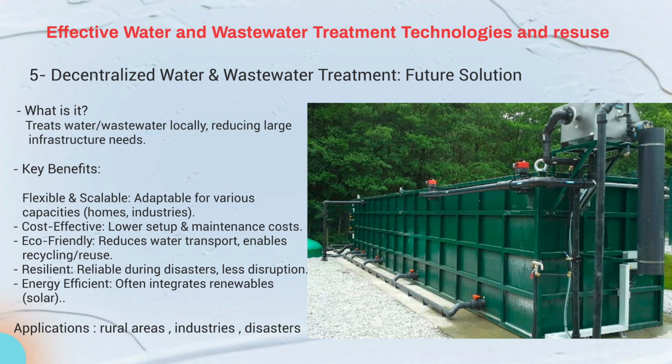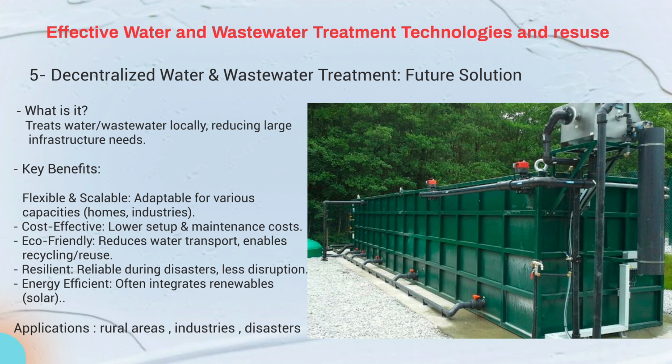On the other hand, decentralized water and wastewater treatment brings the treatment process closer to the source, reducing the need for extensive infrastructure. Technologies such as RO, UF, SAF, which means submerged aerated filters, and MBBR and others are effective for local water treatment.